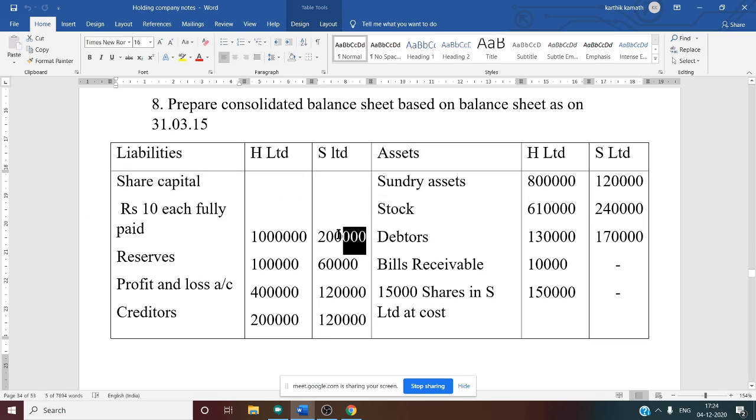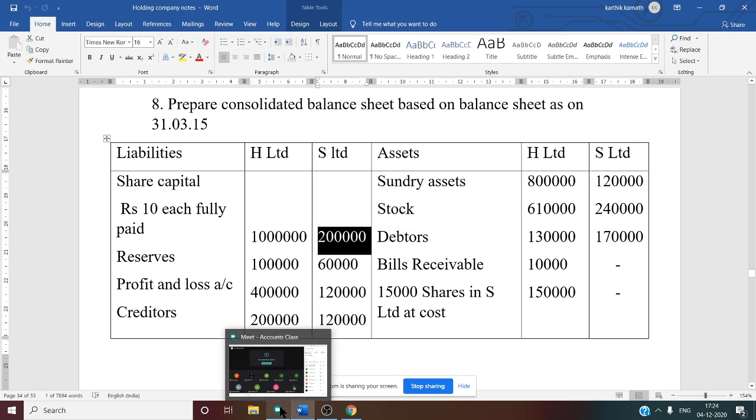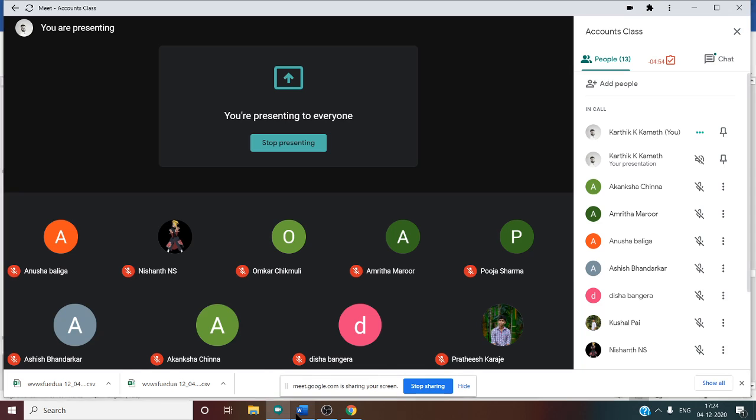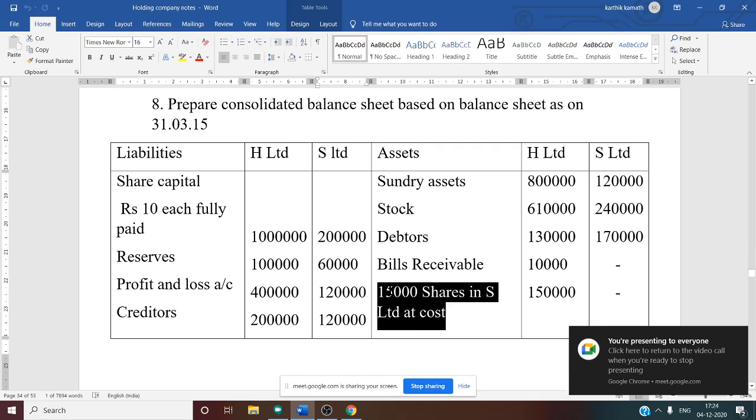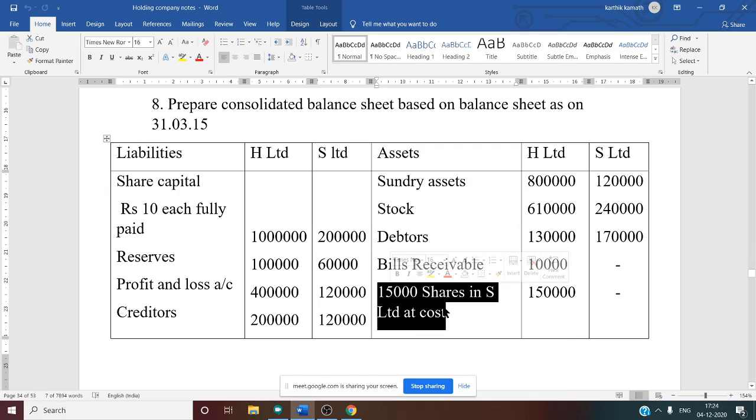So the number of shares in the subsidiary company, 2 lakh divided by 10, you will get 20,000 shares. Out of this 20,000, 15,000 belongs to the holding company. That means 15,000 is majority. The remaining 5,000 belongs to other third parties or outsiders. So that 5,000 becomes minority.